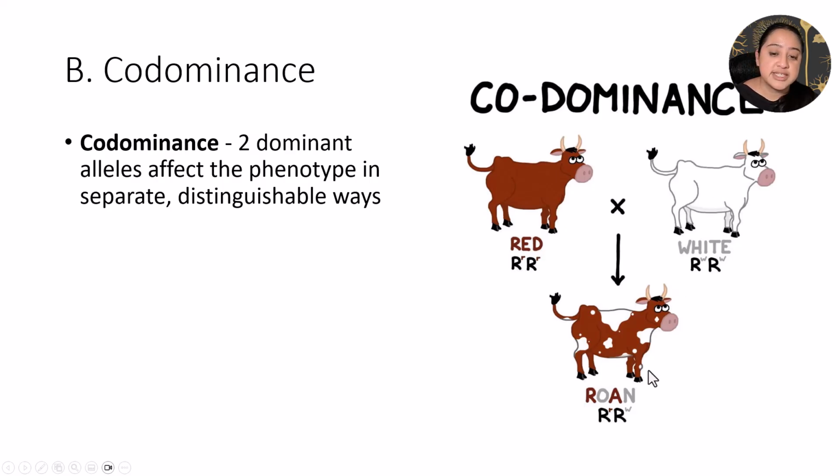In this case, they both each get expressed. They're both sharing dominance. They both get to be expressed. Nothing gets covered up. The two alleles affect the phenotype in separate but distinguishable ways. They're both present.